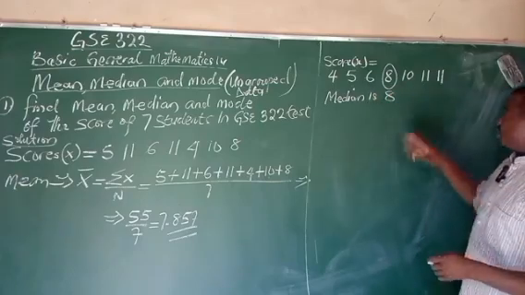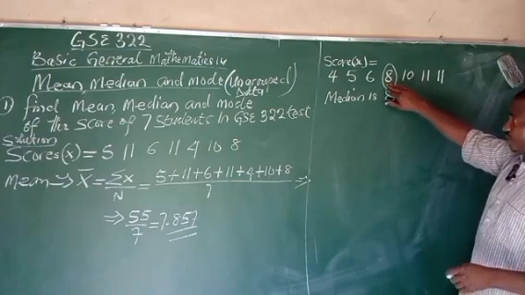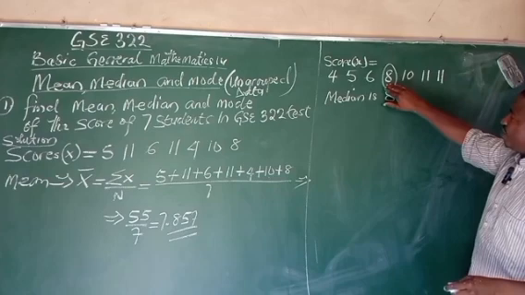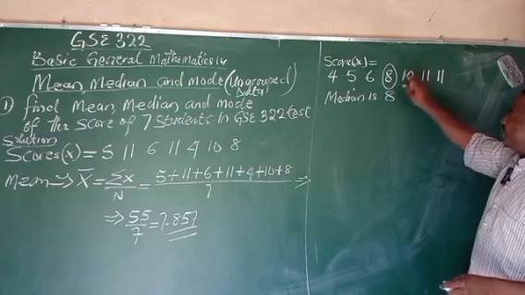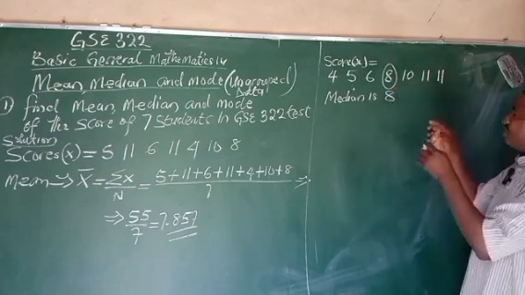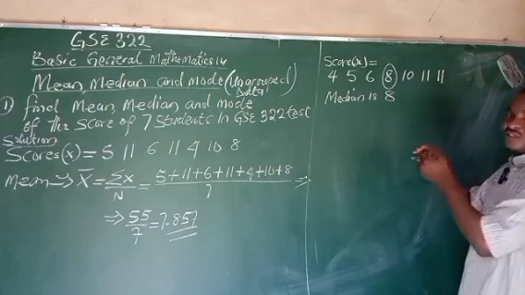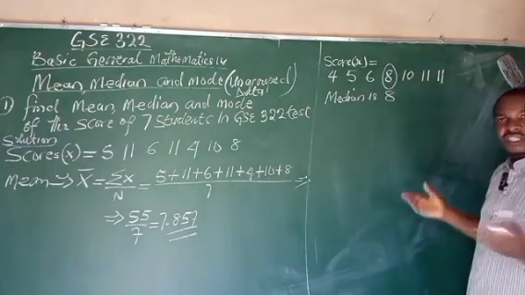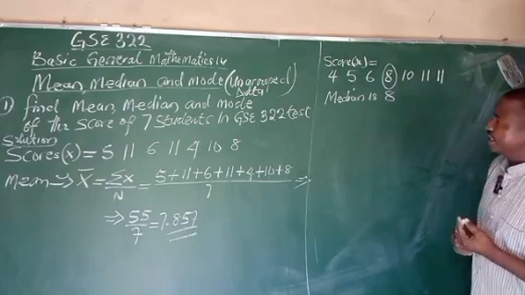As I told you earlier, this is the case of an odd number of items. But when the number of items is even, we definitely are going to have two numbers at the center. So when you have the two numbers, you just add them together and divide by 2. The result is the median.